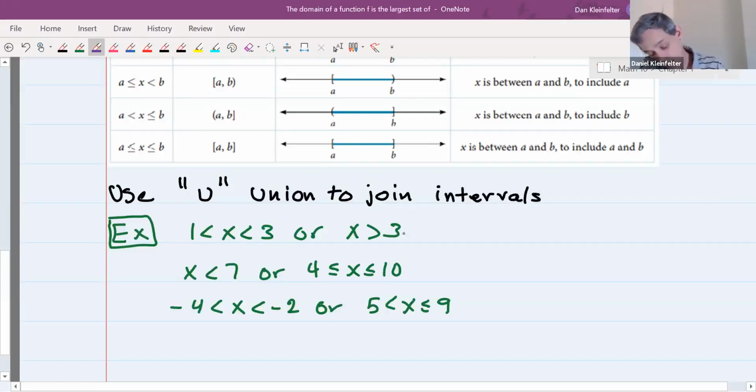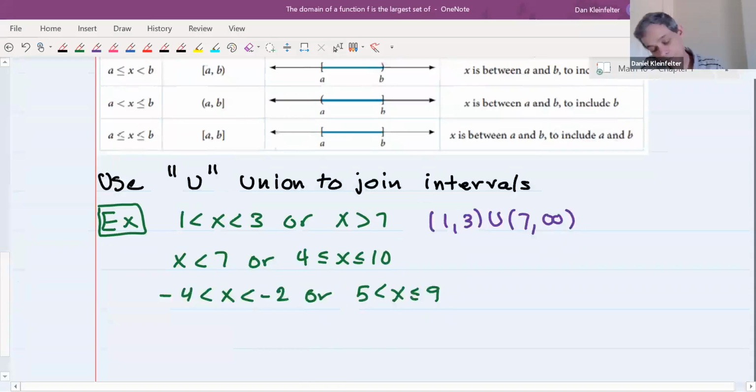Or x is bigger than, let's make that bigger than 7. So that would be the interval 1 to 3. Notice I'm using parentheses in here because the 1 and 3 are not included. And then we're going to use the union sign, and then we'll have 7 up to infinity. With infinity, a parenthesis is always used. You don't use a square bracket with infinity.